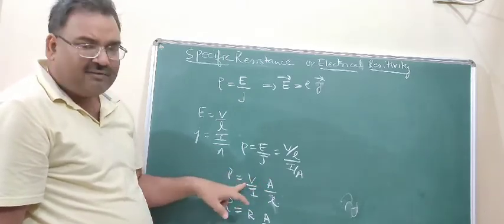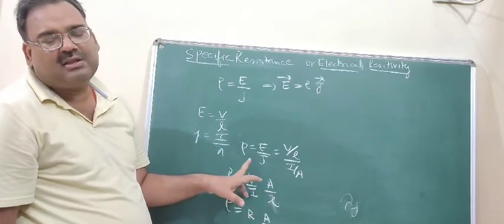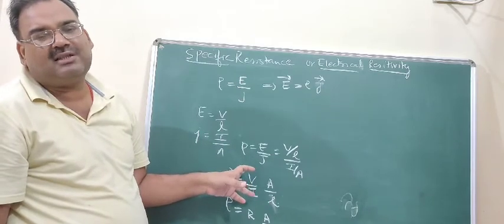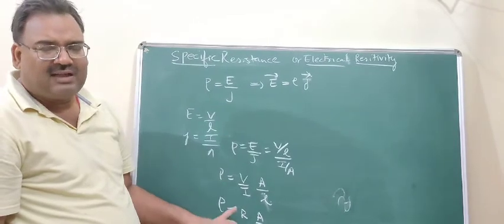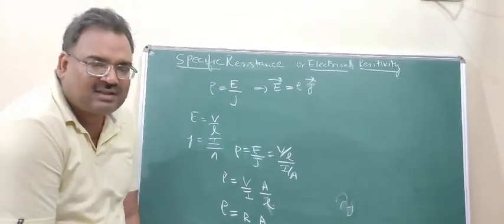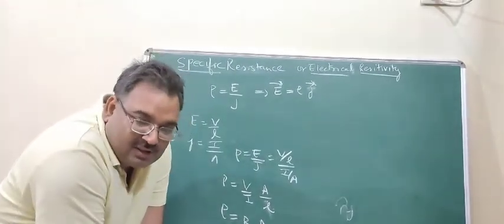Now V upon I, we know from Ohm's law, is the ratio of the potential difference to the current, which is resistance. So it is resistance and A upon L. So we get a relationship between the specific resistance and resistance.